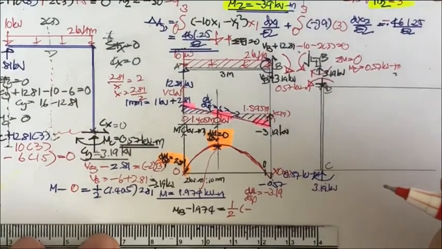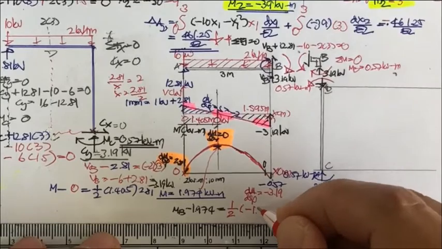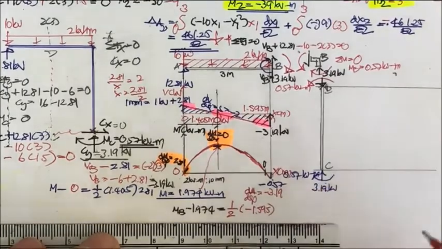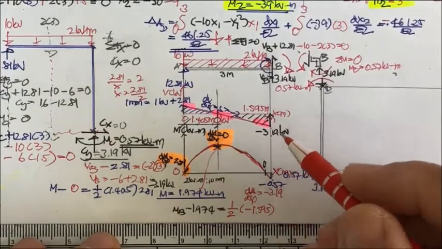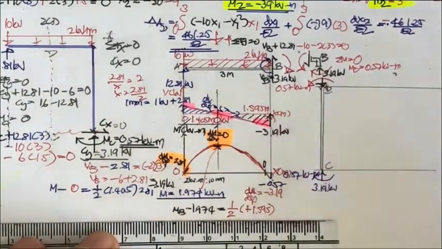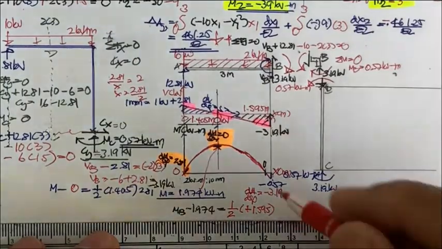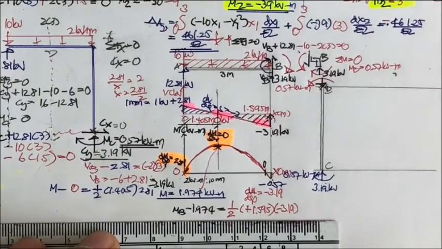Minus 1.595. And then, oh sorry, this is 1/2 of this, and minus 3.19. You may have this one negative, and this one positive.